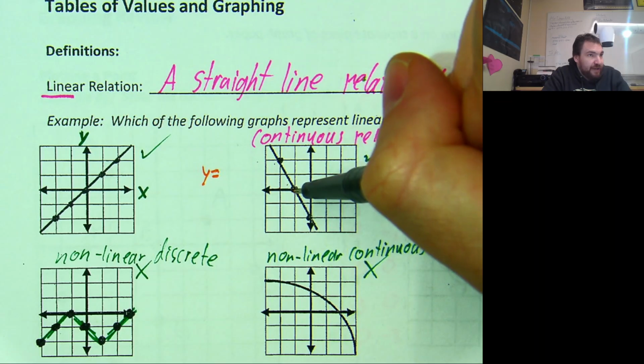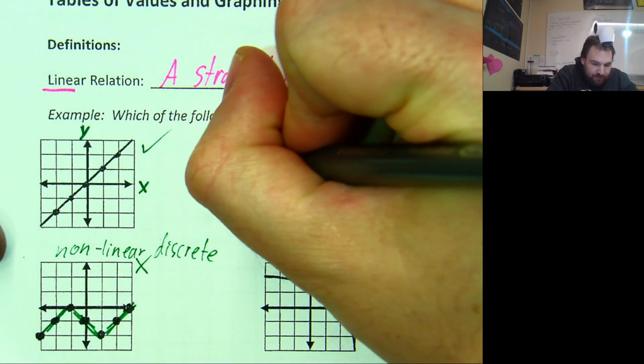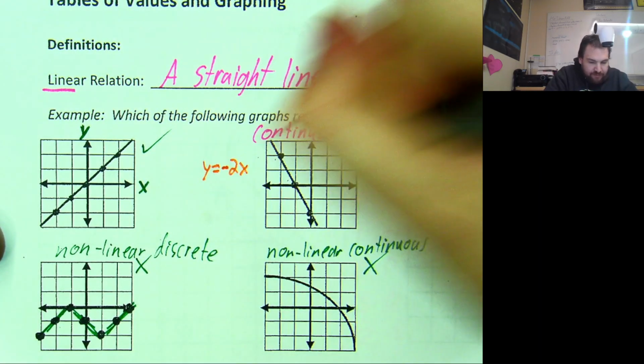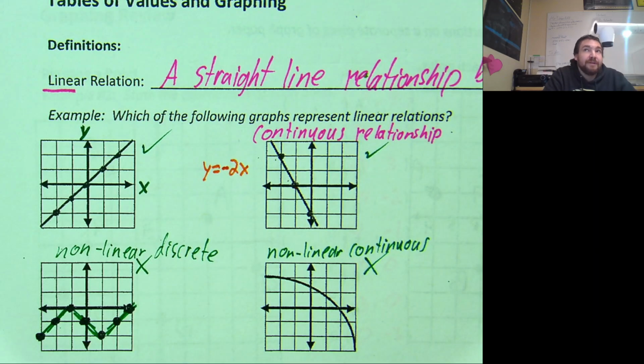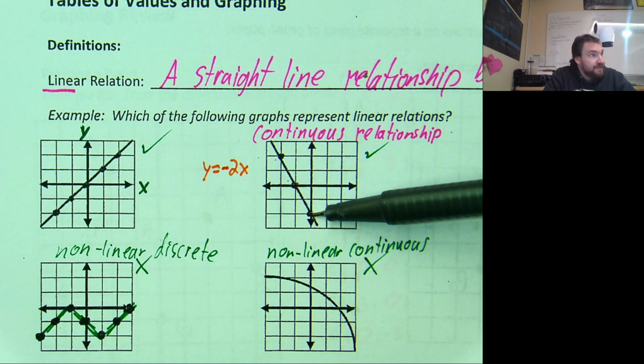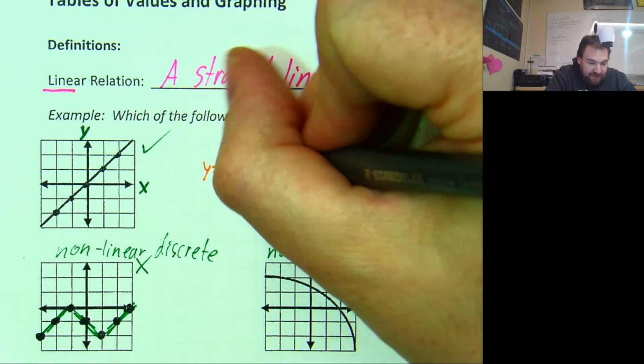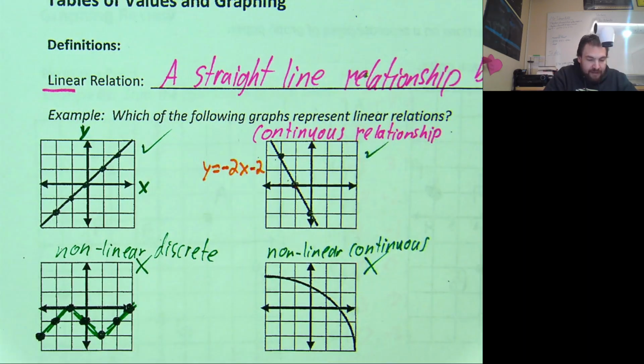So the ratio of change in y over change in x is negative 2 over 1, which I can just write as negative 2. So this one's going to be y equals negative 2x. What's my y-intercept here? Negative 2, because here's 0, 1, 2. So it's y equals negative 2x minus 2.